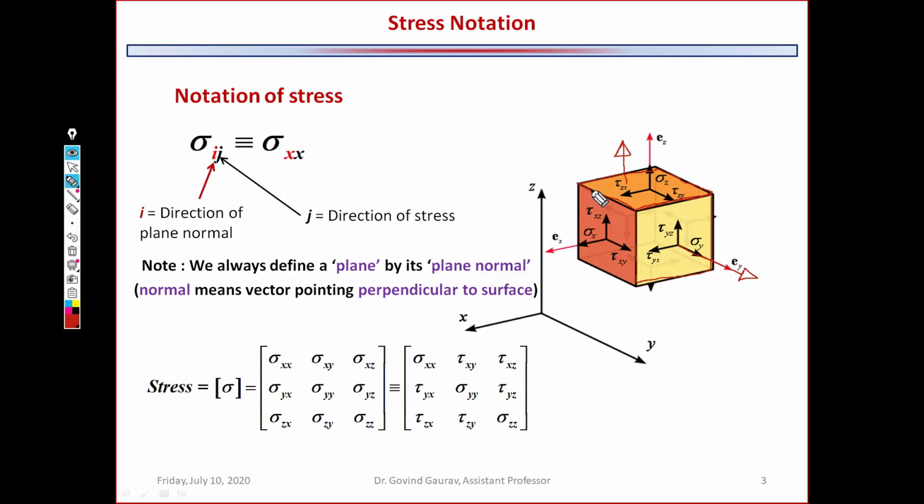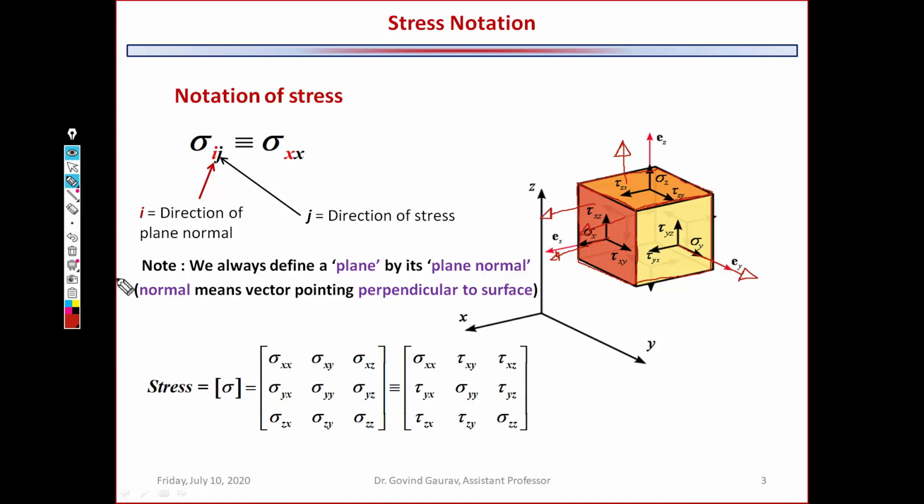Similar to this, if we are interested in the other plane, this plane will again be defined by its plane normal, acting in this direction. Again if we consider this particular point, this plane normal will be acting in the same direction. That is why we always define a plane by its plane normal, because it is always constant irrespective of the position we have chosen.